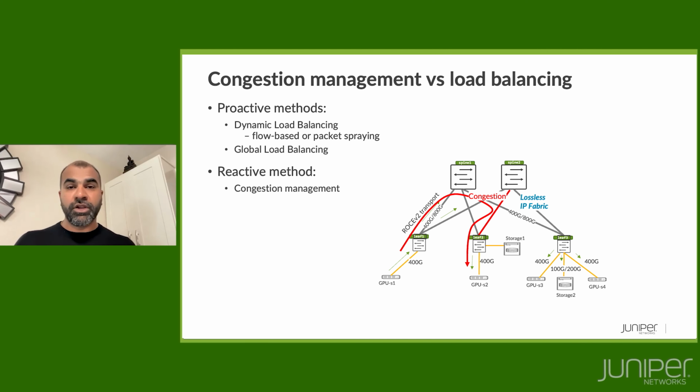Among the various methods, in the last video we also discussed DLB, dynamic load balancing, or selective DLB, which identifies the BTH header and elephant flows, and accordingly sprays the packets. Various methods are there. But at any point of time, due to a microburst, if any link gets congested, we have to immediately jump in and use some reactive methods. That's where the proper congestion methods come into the picture, via ECN and PFC as of today.